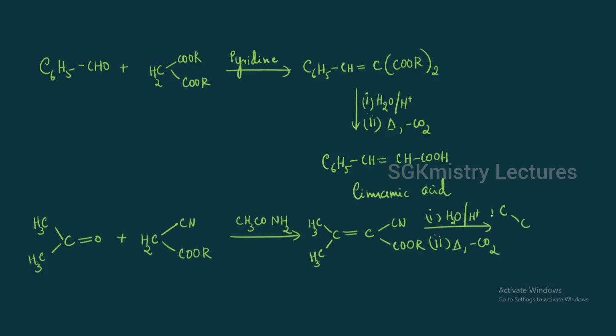So you're going to get CH3, double bond, CH, COOH, right? Let me write it clearly. Here we have 1, 2, 3, so in the third position there is a methyl group. So this overall is crotonic acid, 3-methyl crotonic acid. So crotonic acid is obtained.